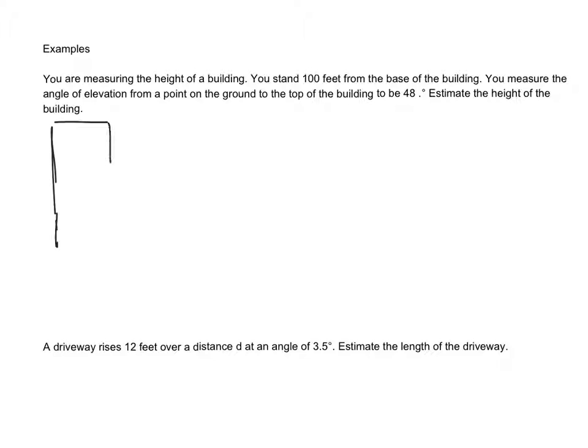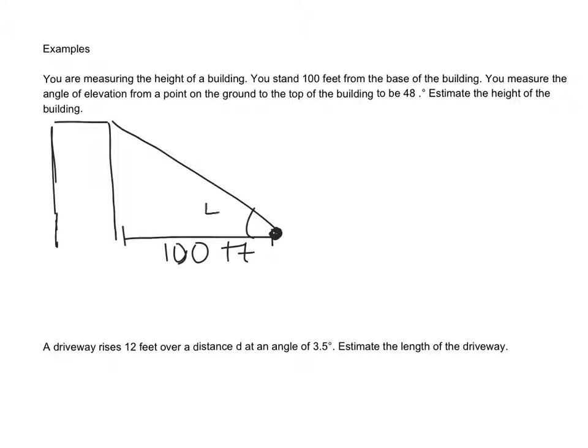So I'm going to draw a building here. And then we are standing 100 feet from the base of that building to a point. And we know the angle of elevation from the point on the ground to the top of the building is 48 degrees. Now the angle formed with the ground in the building is going to be 90 degrees.